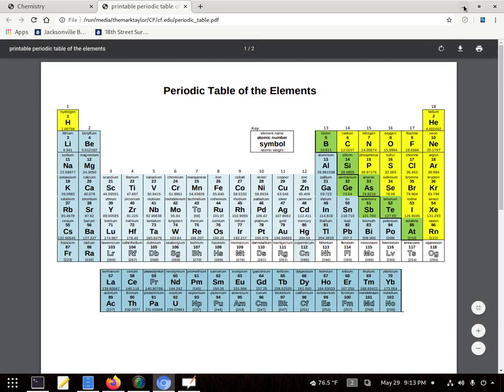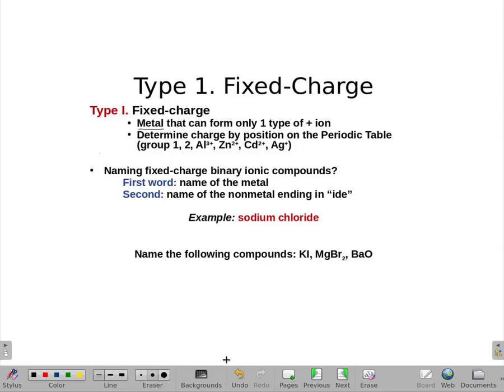So anytime you see sodium in a compound like this, you know that sodium is going to be an Na plus when it forms an ion, because all sodiums do that. Everything in group 1 makes a positive 1. Everything in group 2 is positive 2.